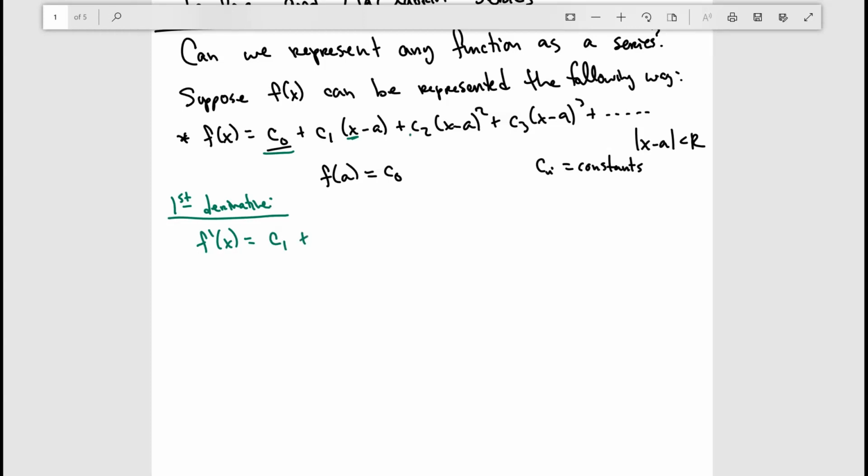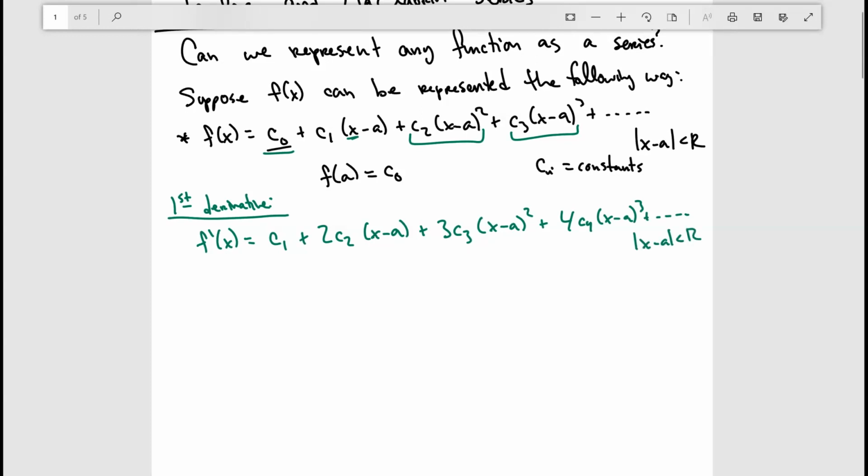Then I take the derivative of the second term using the chain rule, and I get 2c2 (x minus a). Then I get 3c3 (x minus a) to the second power. If I had another one, it would be 4c4 (x minus a) to the third power, and so on and so forth. And notice that the radius of convergence hasn't changed.